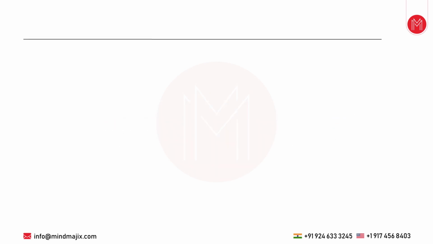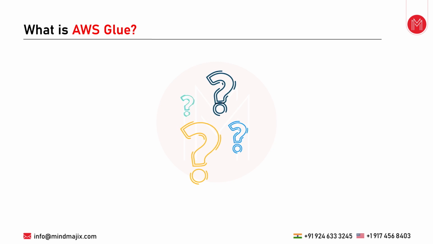So let us begin with our first point, which is what exactly is AWS Glue? Before knowing what AWS Glue is, let us quickly try to understand how it came into existence. What was the purpose, what was the need behind the idea of AWS Glue?